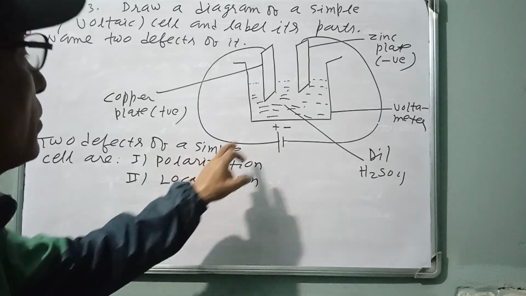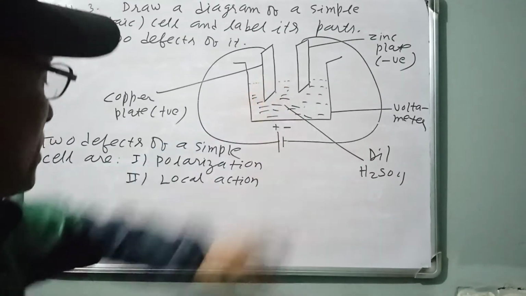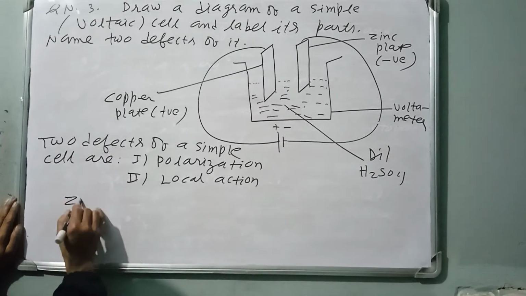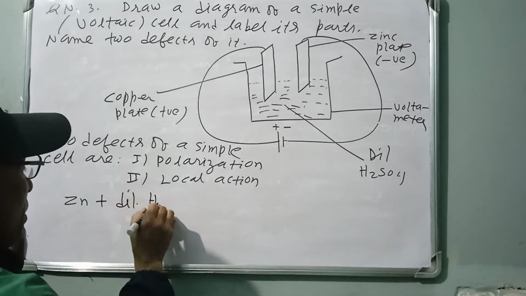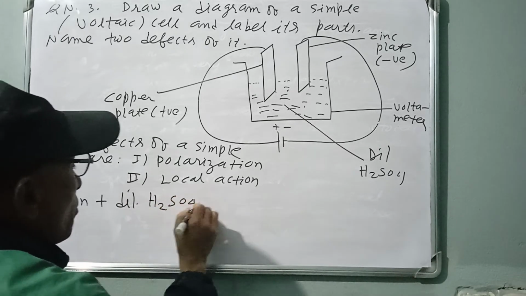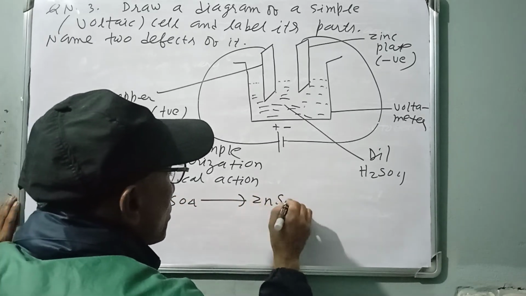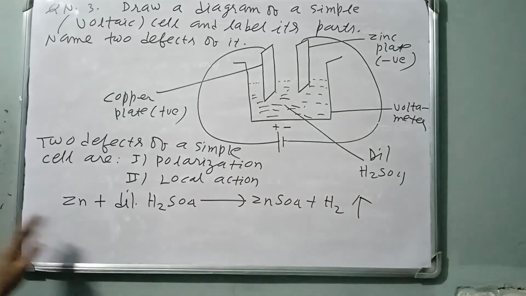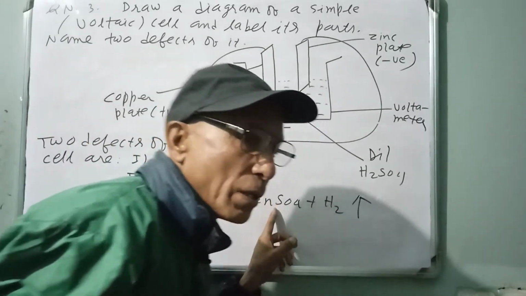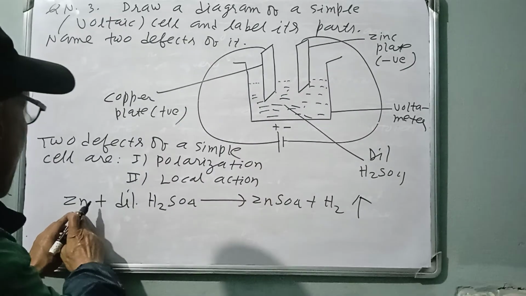Polarization is the deposition of hydrogen gas. When a chemical reaction between zinc and dilute sulfuric acid takes place, zinc sulfate is formed and hydrogen gas is also produced.